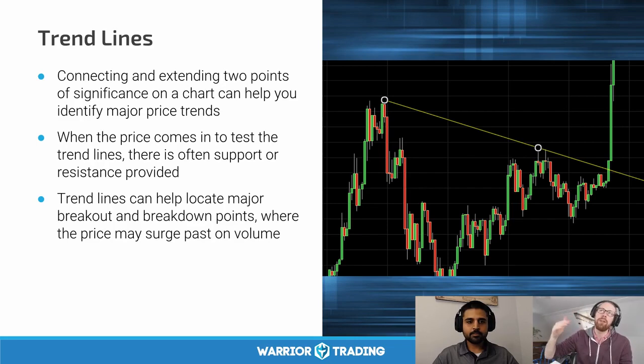And that's when you know that that previous resistance is now actually going to become a level of support. When you break through that line, it's now support. So it really can be very helpful to draw these trend lines, whether it's with cryptocurrencies or stocks, to help you identify major levels of possible support or resistance where you could see breakouts or breakdowns.